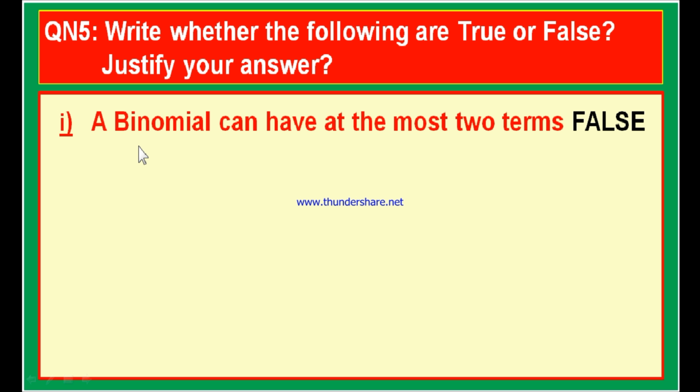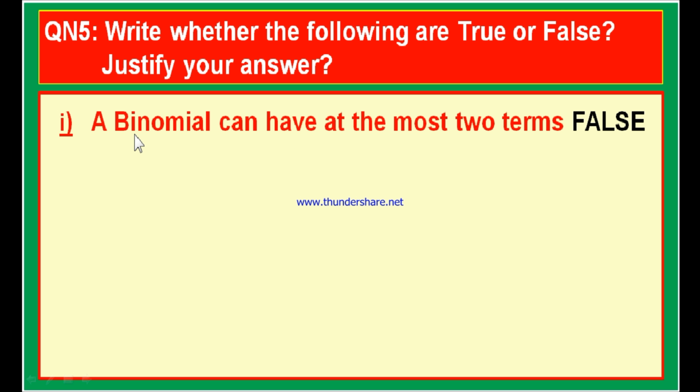But if a polynomial contains one term, then can you call this a binomial? No. A binomial means it should have two terms only. It should exactly contain two terms. If it contains one term, it cannot be called a binomial, but we can call it a monomial. Therefore, a binomial can have at most two terms is false. Then what should be the correct sentence?